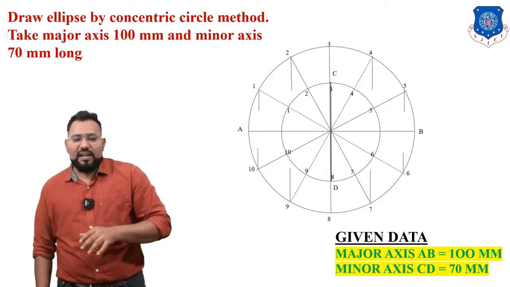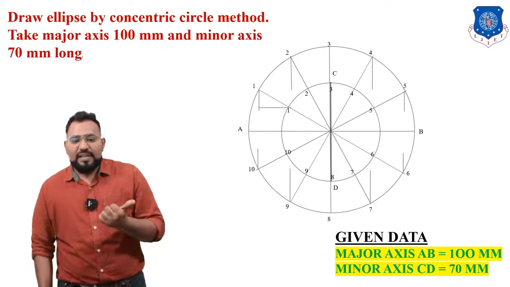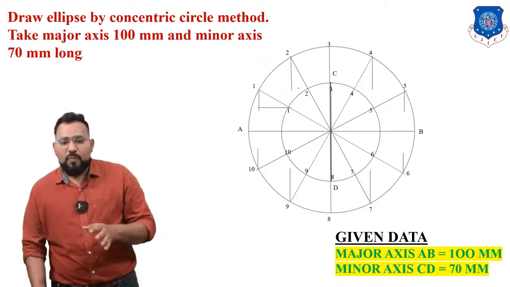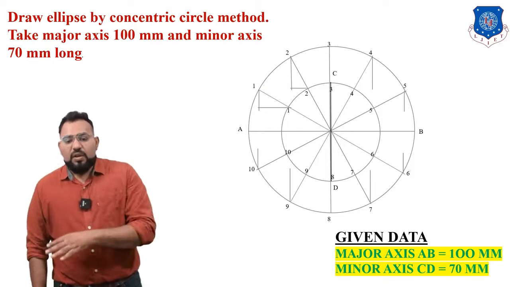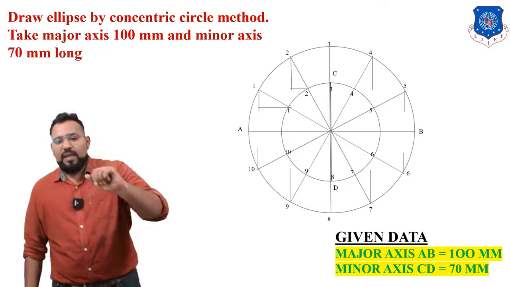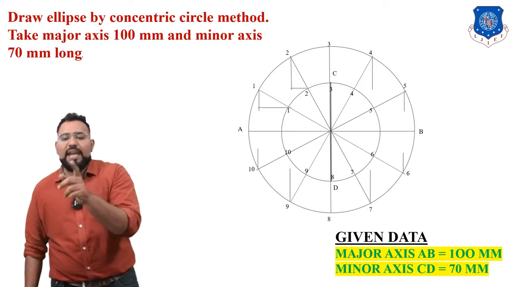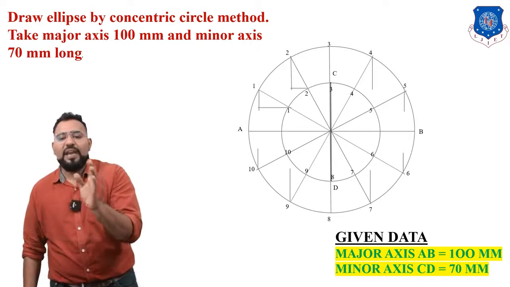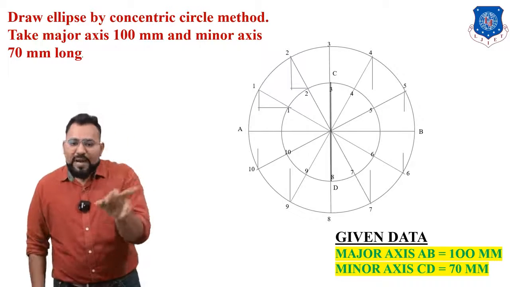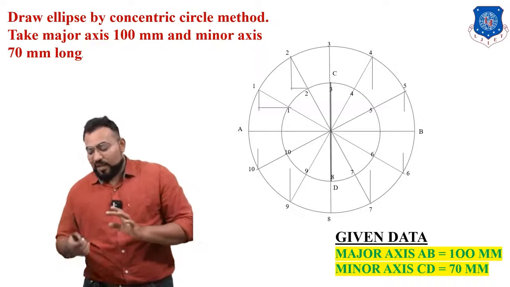Now from the inner circle, from each division you have to draw a horizontal line. Something like this. From point 1 you have to draw a horizontal line. Wherever they intersect, we are going to give a point. From point 2 you have to draw a horizontal line. No need to do it from point 3, because we know that point 3 itself is point C and point 8 itself is point D. So you already know the ellipse always passes through points A, B, C and D. So whenever you are at points A, B, C and D, no need to do anything there, because the ellipse is going to pass through them, as it passes through the major axis and minor axis.